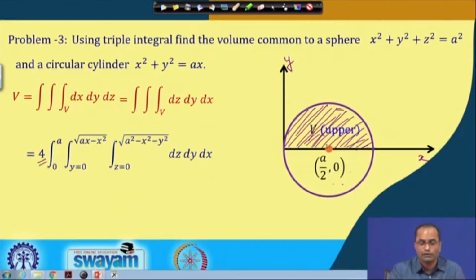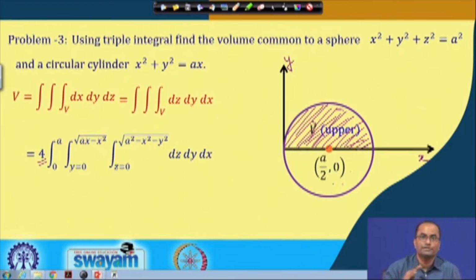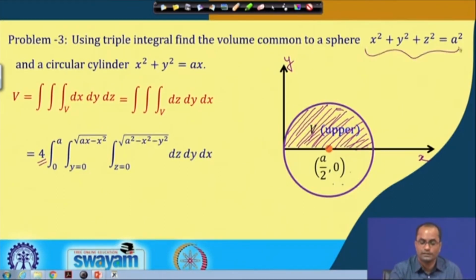The limits, now we have to fix the limits. So, for the z, this is the cylinder which is in the direction of z, and it is cutting exactly the sphere there. So, for the limits of z for this upper half portion, we are entering into the z from z is equal to 0, and we are leaving this through the sphere. Because the cylinder cuts that sphere, and our interest is to get this common volume.